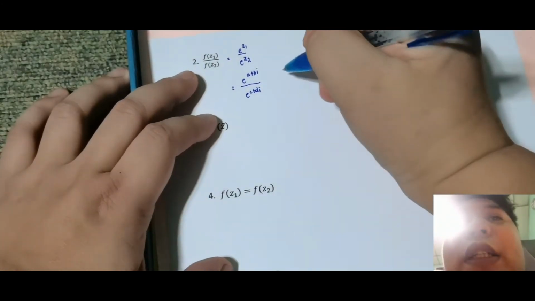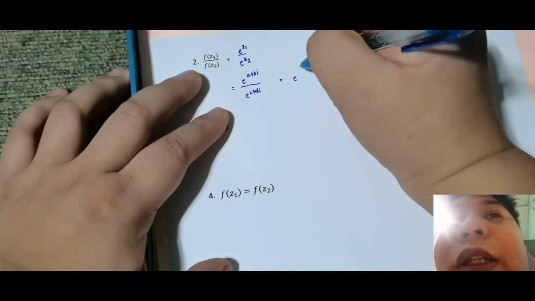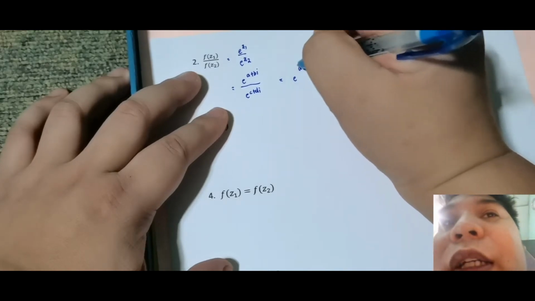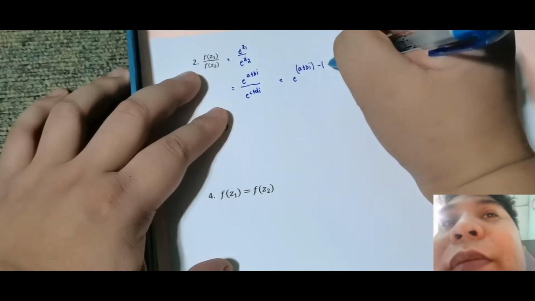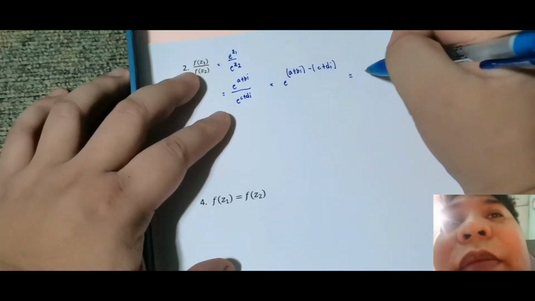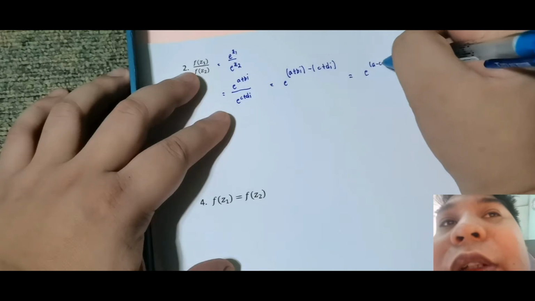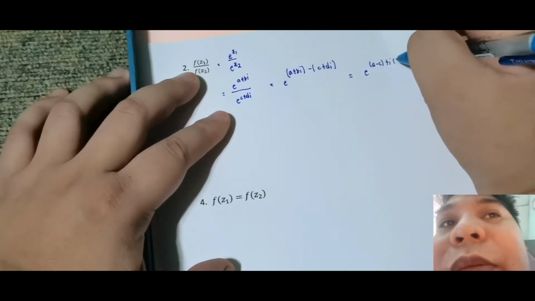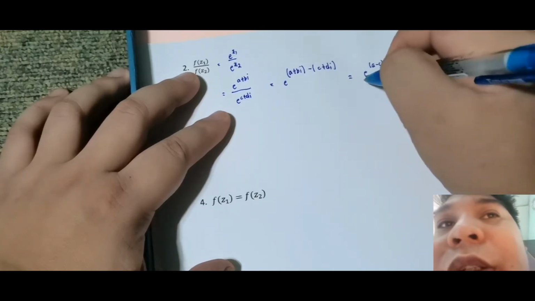And that is equal sa e raised sa a plus bi minus c plus di, and that is equal sa e raised sa a minus c plus i times b minus d.